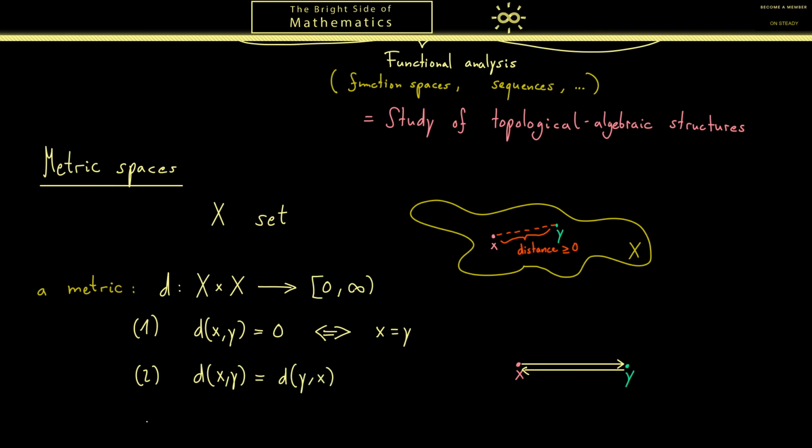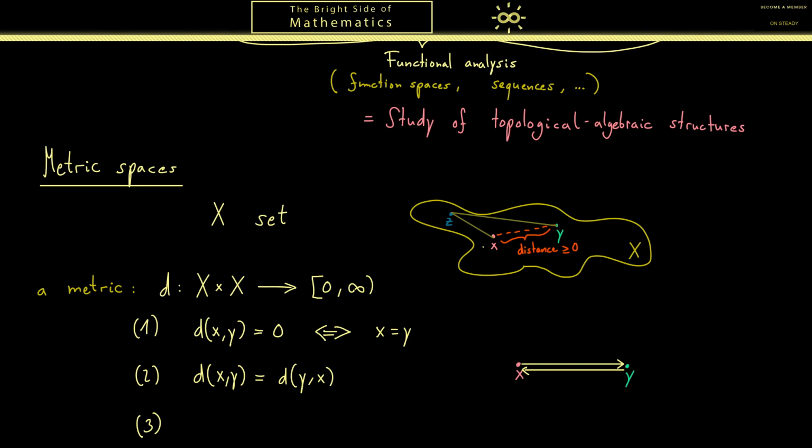And now the last property is very important. It is called the triangle inequality. The name already tells you, now we consider 3 points instead of 2. So there's a point z. Now we have a distance from x to z and also a distance from z to y. Now the triangle inequality tells you, if you go a detour, then your distance gets longer.